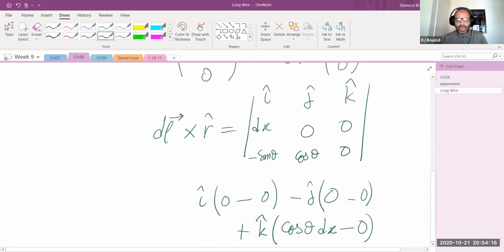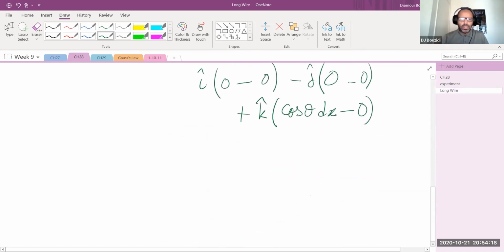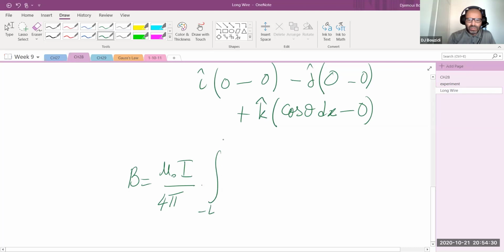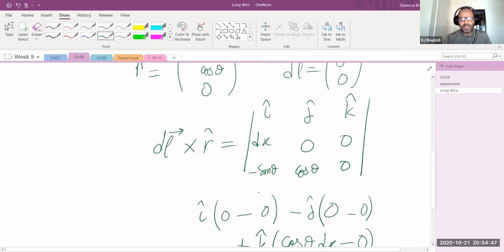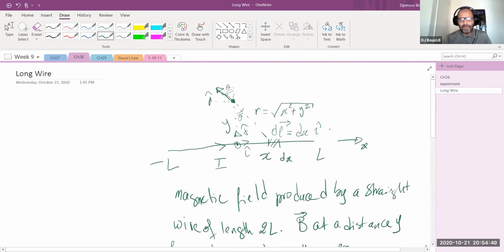So the magnetic field B is equal to mu naught, I is uniform so it comes out of the integral, divided by 4 pi, times the integral from negative L to positive L of this stuff, which now we know is going to be cosine theta. Why did I forget the cos in here? Times dx over the distance squared. The distance squared is just this thing squared.